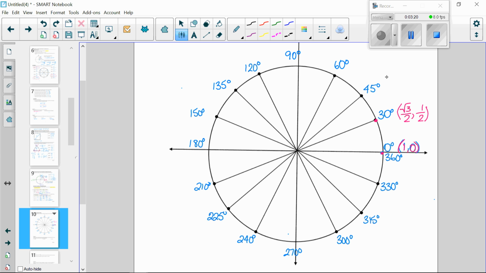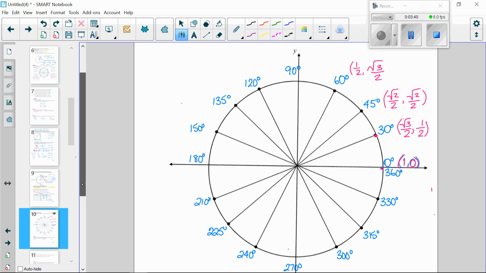45 degrees, that's easy. That is just root 2 over 2, root 2 over 2. For 60 degrees, it is going to be 1 over 2 and root 3 over 2. Did it get cut off? No. Okay.